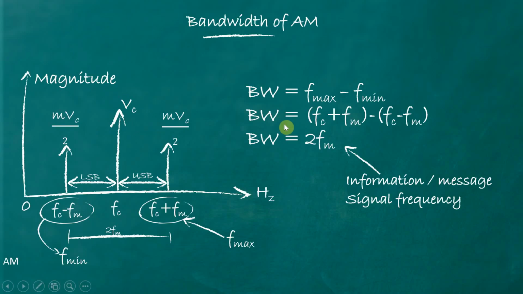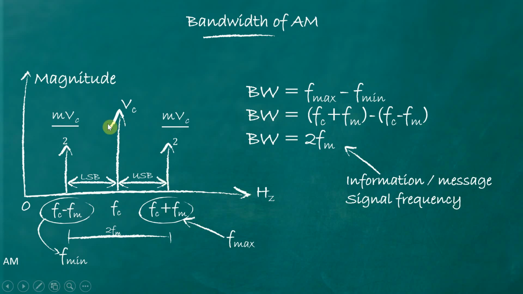Now see bandwidth. What is the bandwidth of an amplitude modulated signal? For the sake of simplicity I have repeated the diagram, the magnitude spectrum. Bandwidth is given by f max minus f min, where f max is the maximum frequency and f min is the minimum frequency in our spectrum.